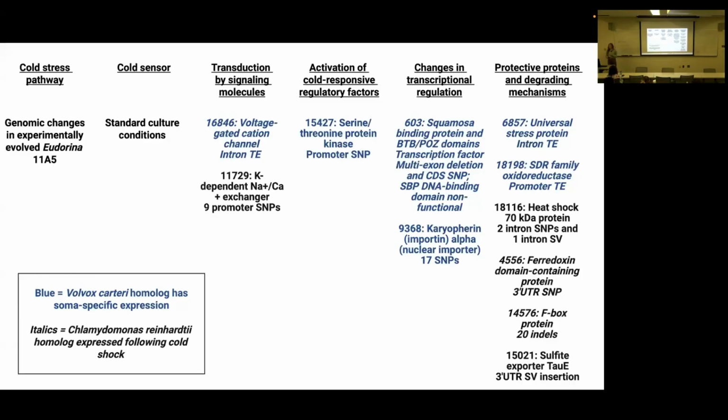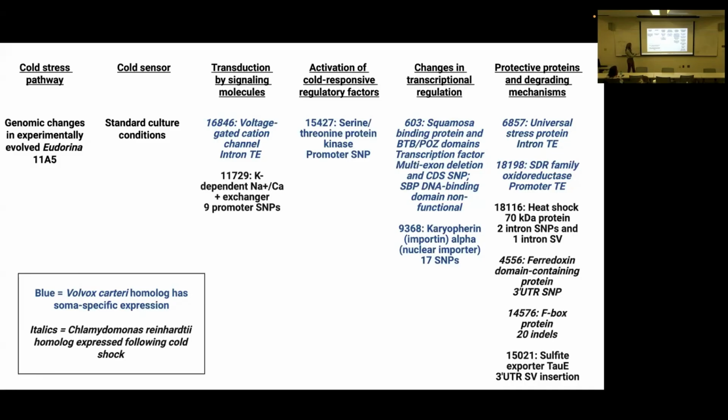And I found that there are changes in two cation channels that are probably transporting calcium. One of them is a voltage-gated cation channel with two known transcripts, and another is a potassium-dependent sodium-calcium exchanger. So there are changes in how calcium enters and leaves the cell.